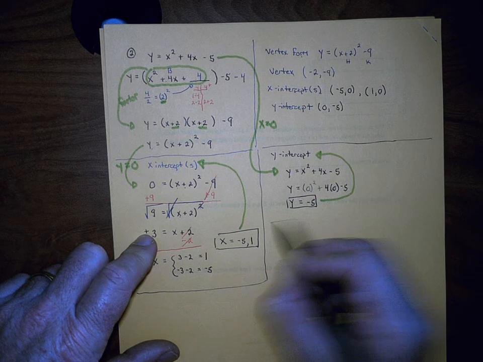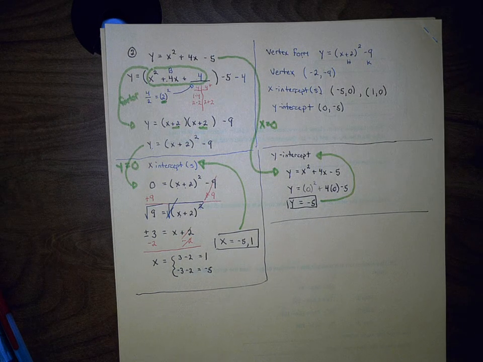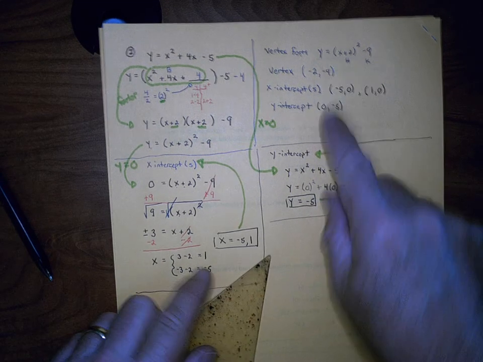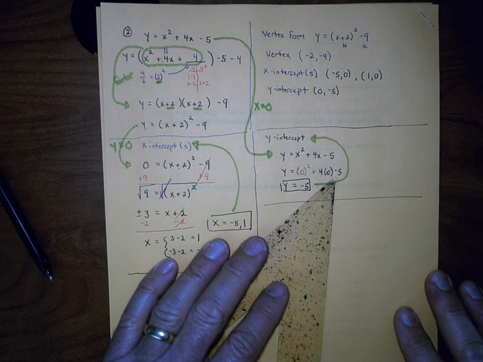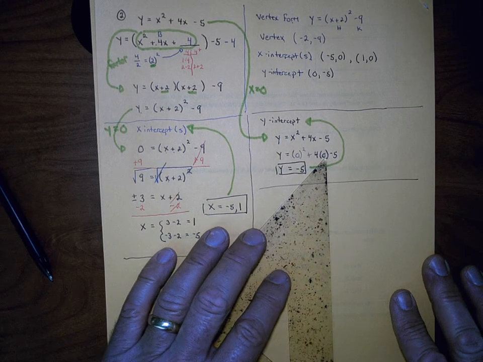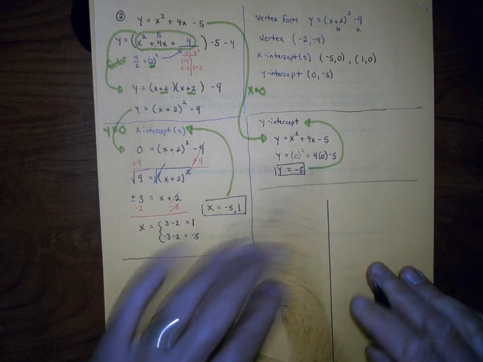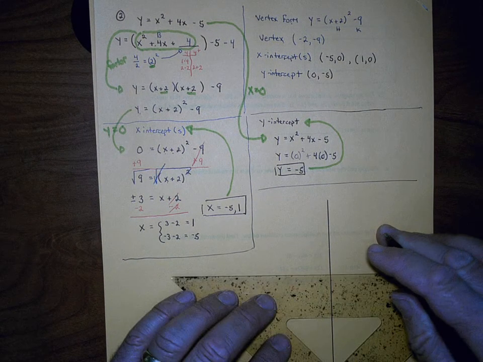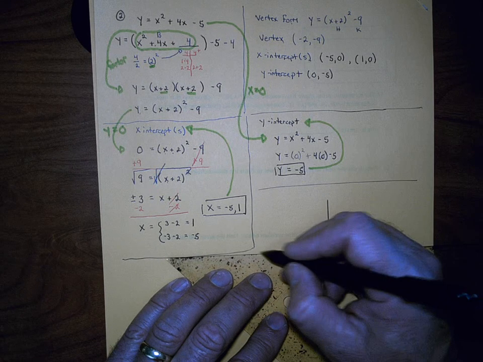Okay, so then my last step is I'm going to make a graph of these points, so I can get an idea of what my parabola looks like after I figure all this out. I'm going to draw a y-axis and an x-axis, and since I have mostly negative numbers, I'm going to offset my x-axis up here.